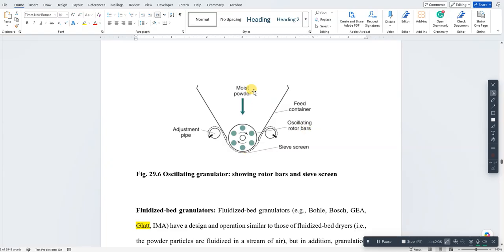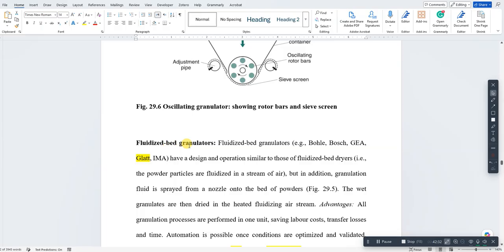You add the moist powder or even the dry powder into the oscillating granulator that moves back and forth, and then it is forced through the sieve. The sieve, or screen, determines the size of the granules that come out.